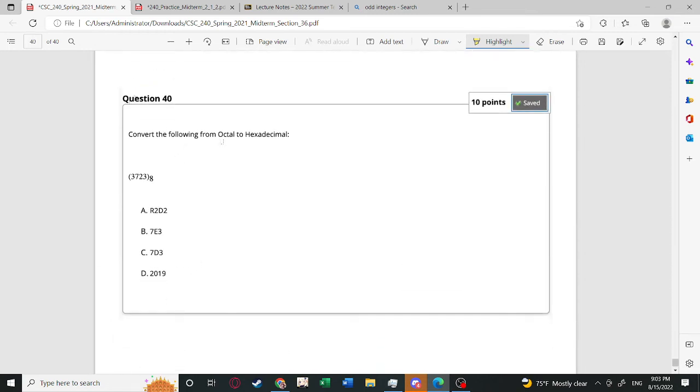This one, so optimal. I think I suggested you to do this. If you convert this into binary, then convert this into this, you will get the fastest answer.